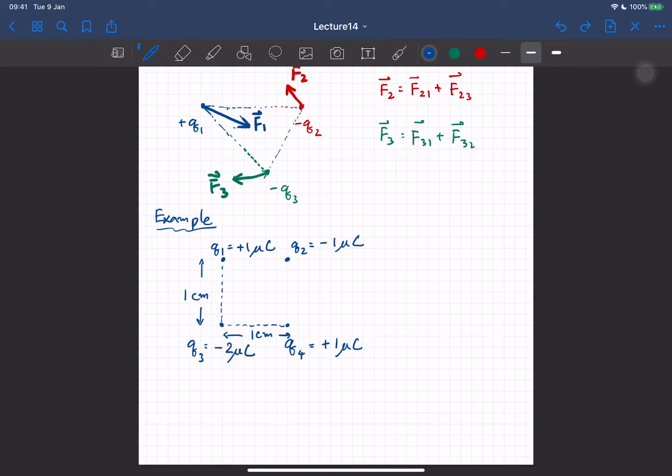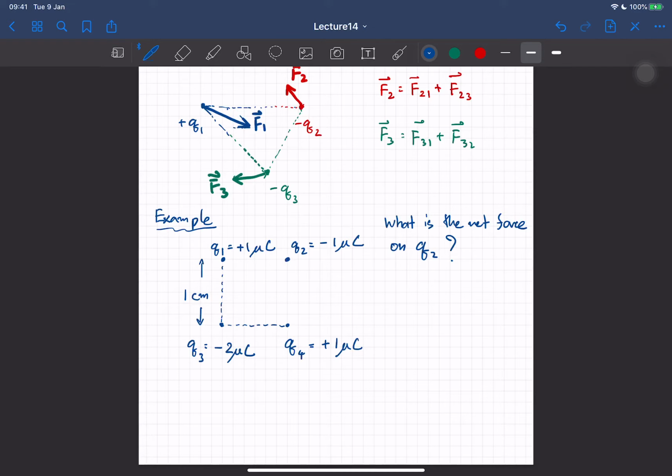Okay, so just to make it less crowded, let's not write that, but you know that all the sides are equal, which is 1 centimeter. So let's find out what is the net force on Q2. Okay, a very simple question here. What is the net force on Q2?